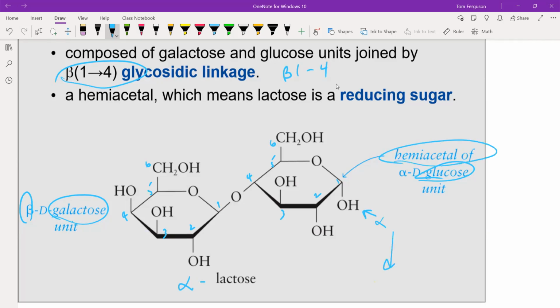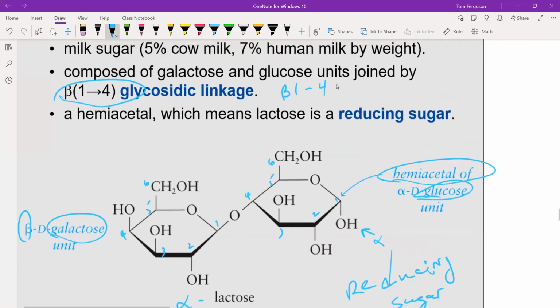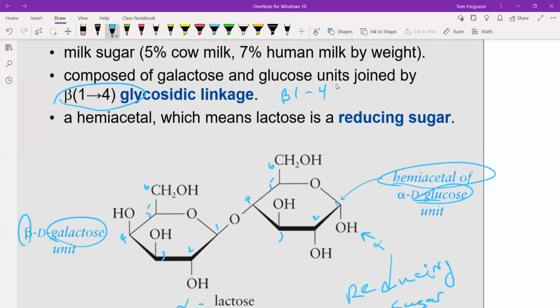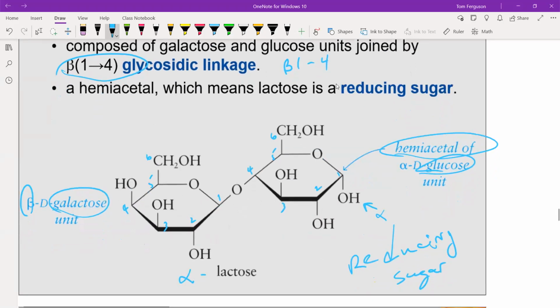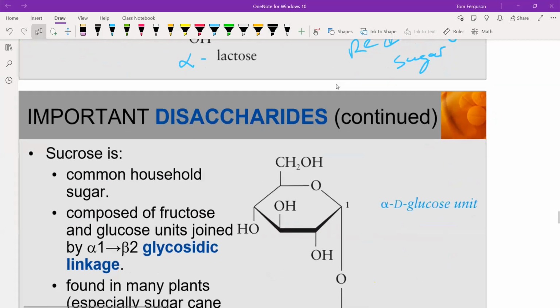Hemiacetal, it is a reducing sugar, because it's a hemiacetal, which can open up, exposing the aldehyde that can be oxidized to the acid. So far we've had maltose, reducing sugar, lactose, reducing sugar.